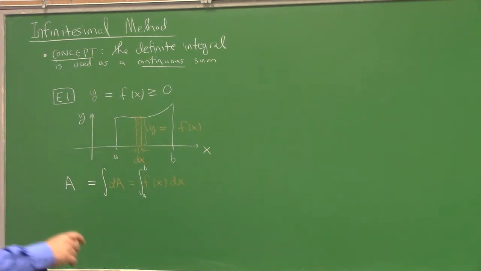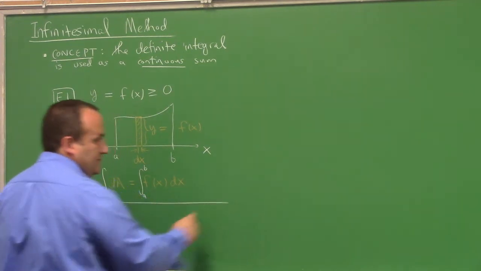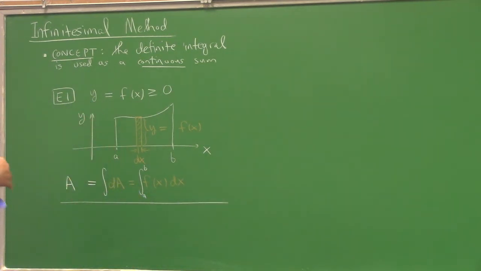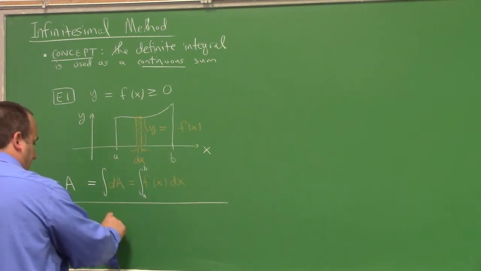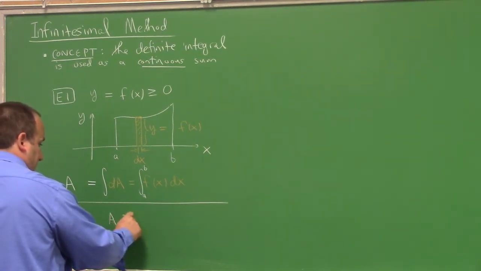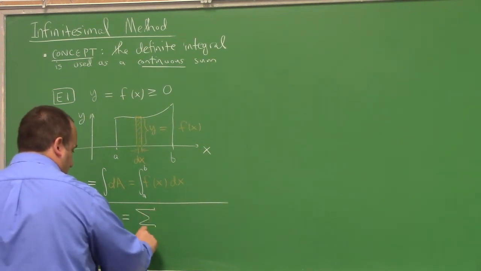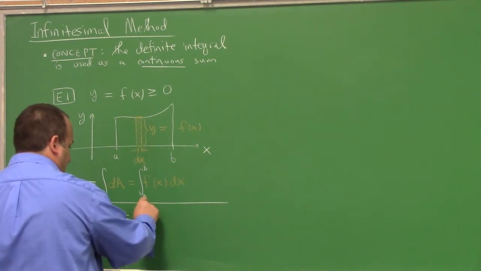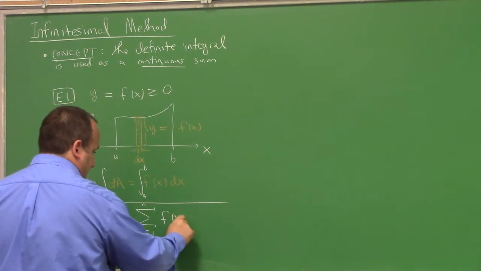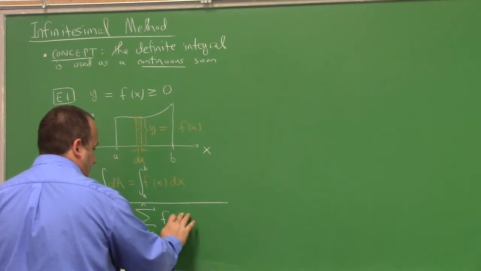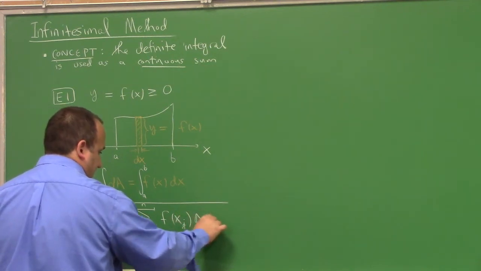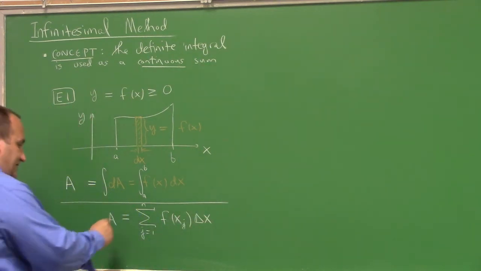Now, let me just show you, to be technical and precise, what you should do is something like: A is equal to the sum, j equals 1 to n, of f of x_j star, or we could just use x_j, times delta x. And that's like the nth approximation.